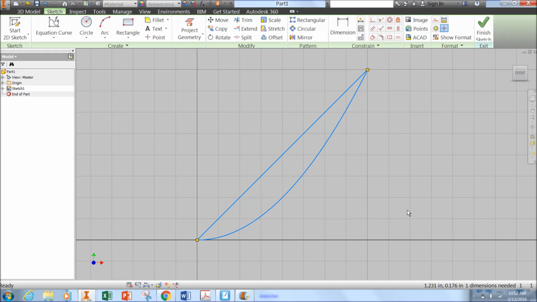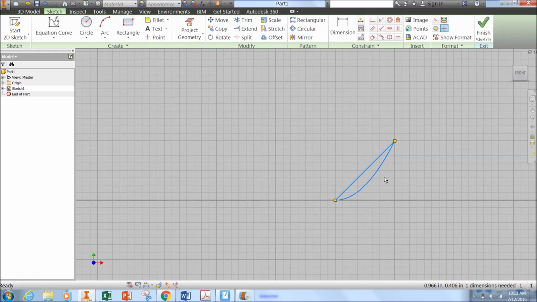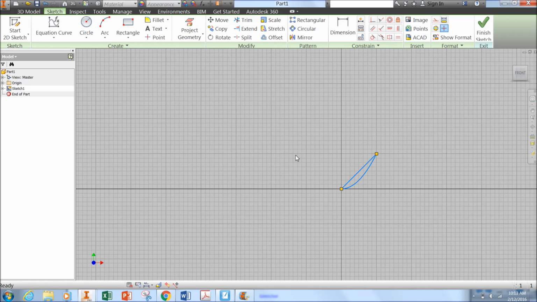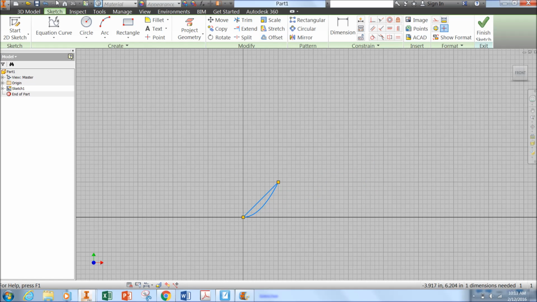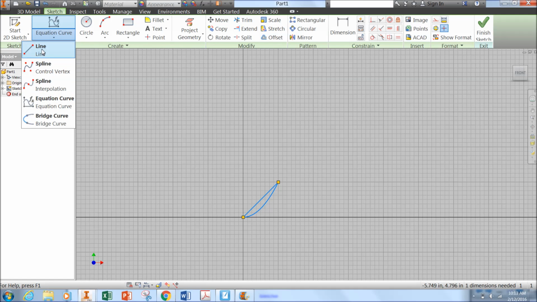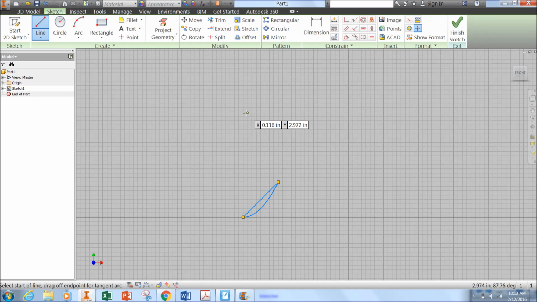But I have not yet constructed an axis to revolve around. In order to do this, I need to create a line at y equals 3. To do this, I will choose my line curve, and I will draw a horizontal line at y equals 3.